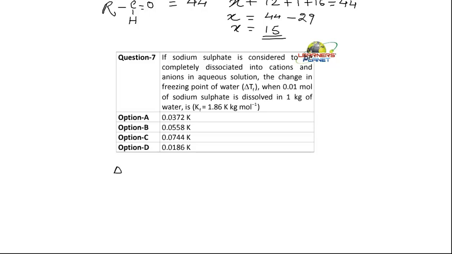So that is your delta TF, which is equal to the freezing point depression constant multiplied by the molality.